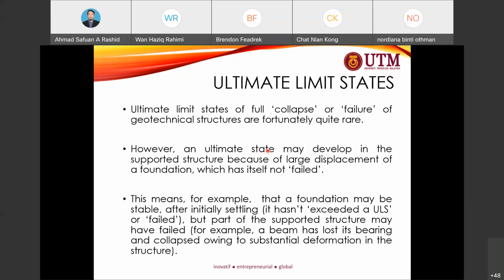At the end, we can say that this phenomenon can also be considered under collapse conditions.